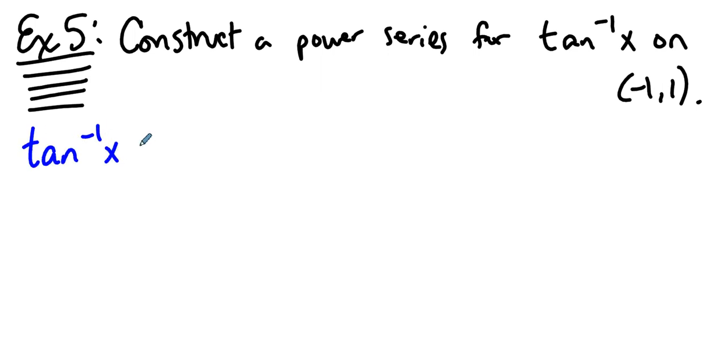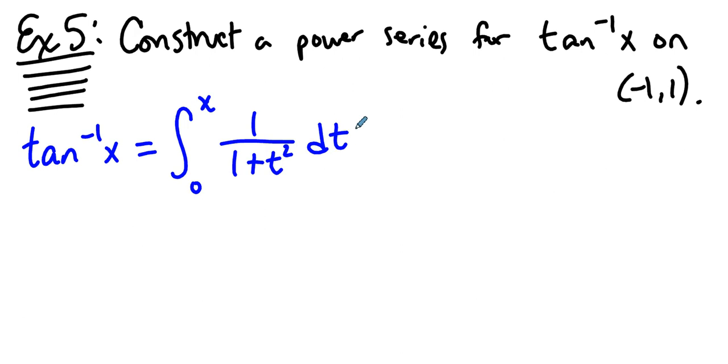The inverse tan of x is the integral of 1 over 1 plus t squared, right? I mean, the derivative of the inverse tan function is 1 over 1 plus x squared. So if we were to integrate 1 over 1 plus x squared, we would end up with the inverse tan of x. Do we have a series for this? Sure we do.